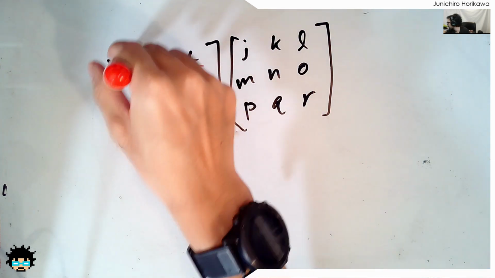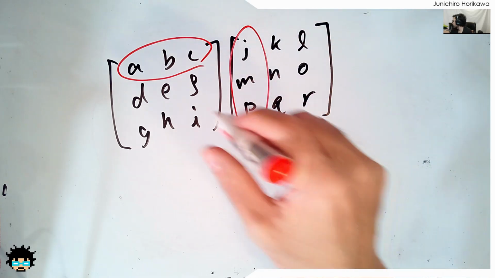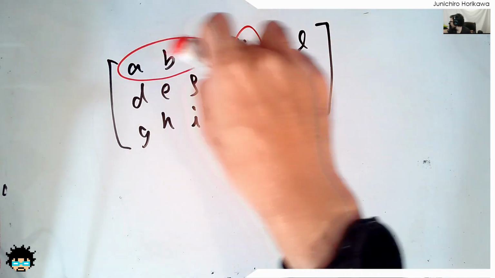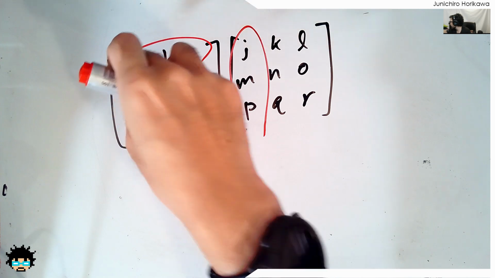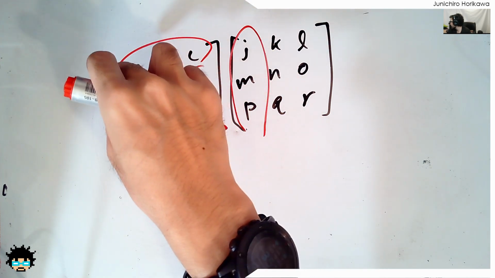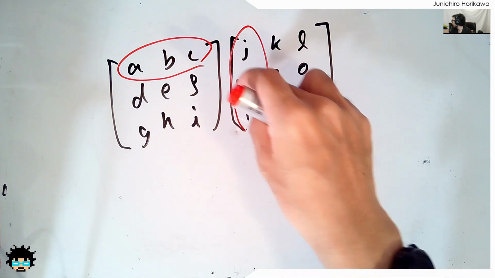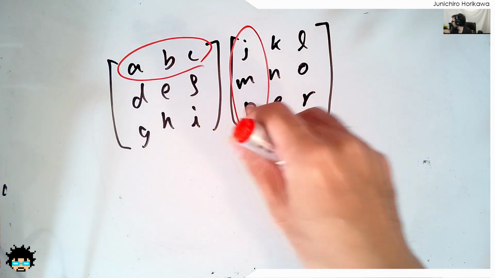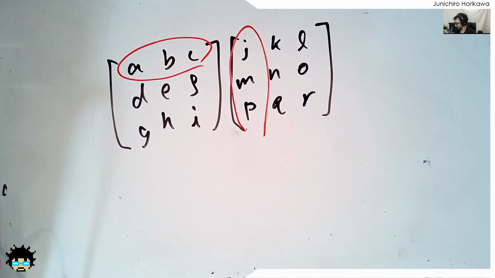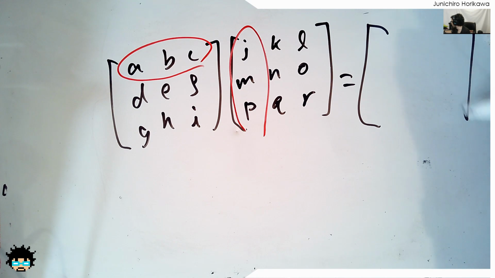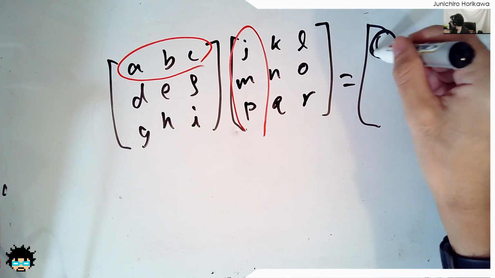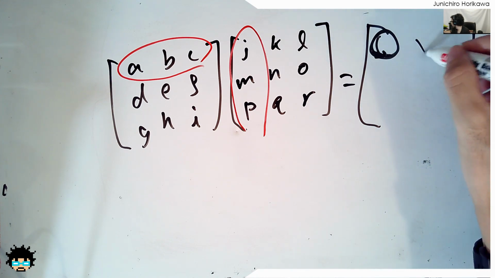You pick up the first row and first column, multiply these values and the numbers in the same index. So A multiplied by J plus B multiplied by M plus C multiplied by P is going to be the new value for here, this position.